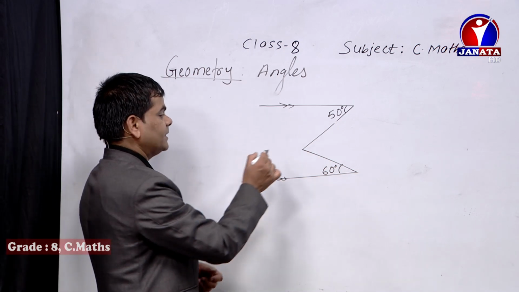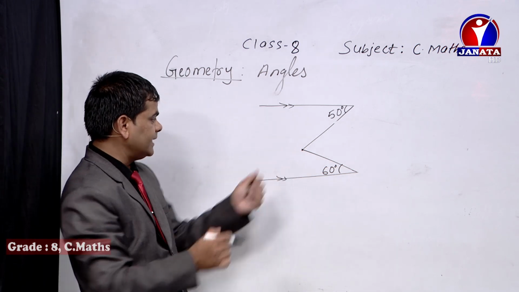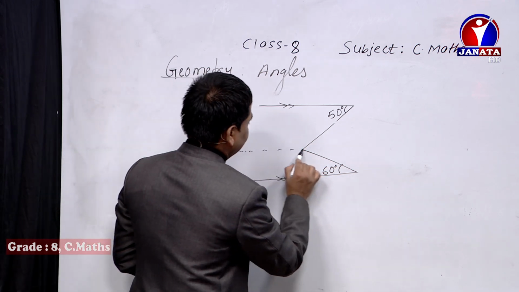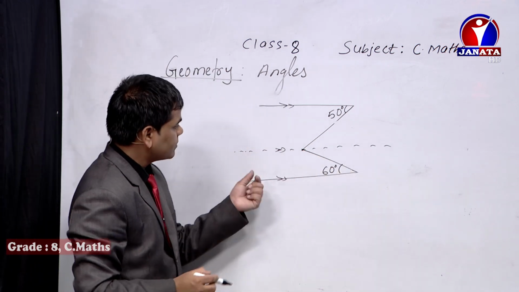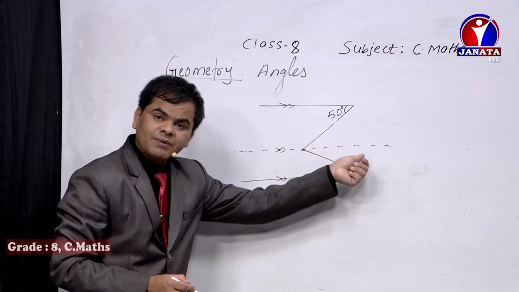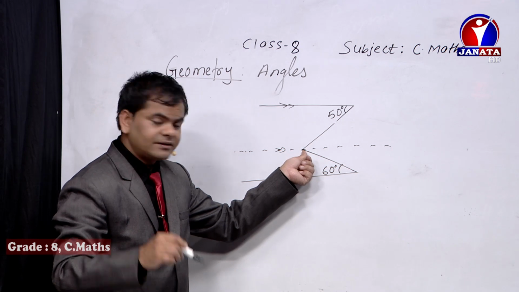That means, first of all, you need to construct a parallel line through this point, in this way. You need to make a parallel line, and then write the name of the parallel line and write construct parallel line, the name of the parallel line, through point, the name of the point.